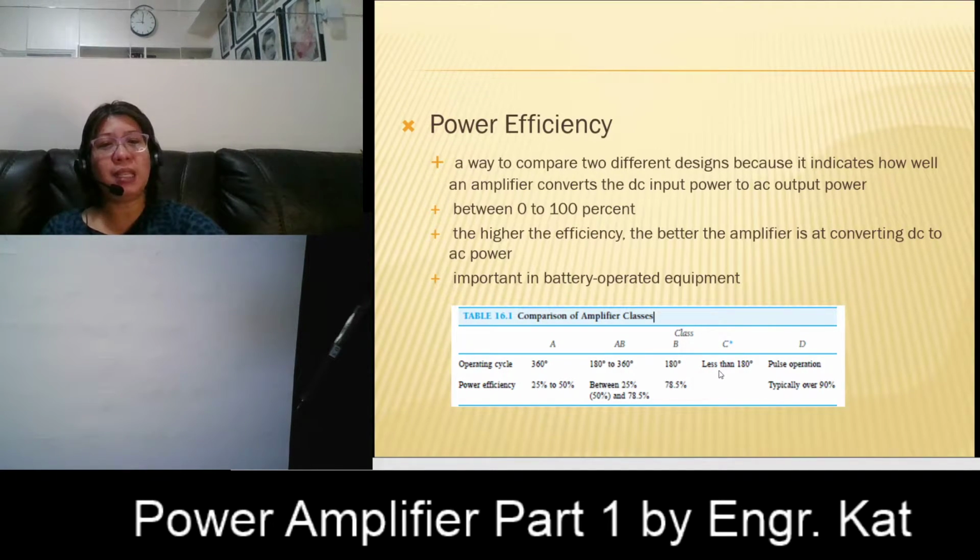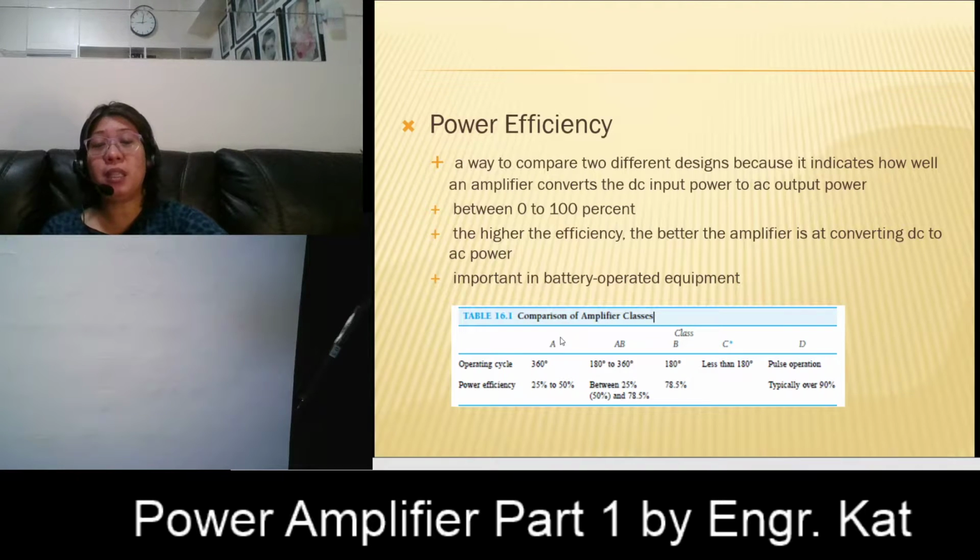Actually, your class C is already in the form of a pulse, and pulses are usually associated with digital applications. But class D amplifiers typically have over 90% efficiency. These are the types of amplifiers that have a very high efficiency.